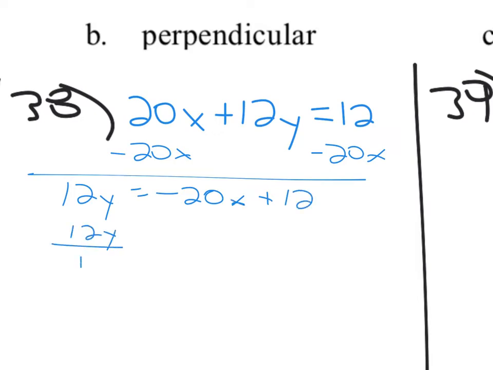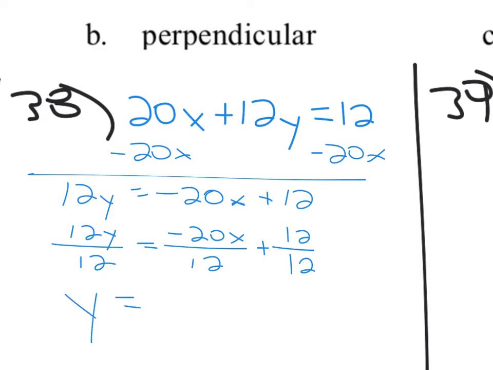And when I divide both sides by 12, remember, you have to divide every term, every separate term. You know separate terms are separated by plus or minus. You get y equals, this simplifies down to, let's see, negative 5 over 3, dividing everything by 4, plus 1.